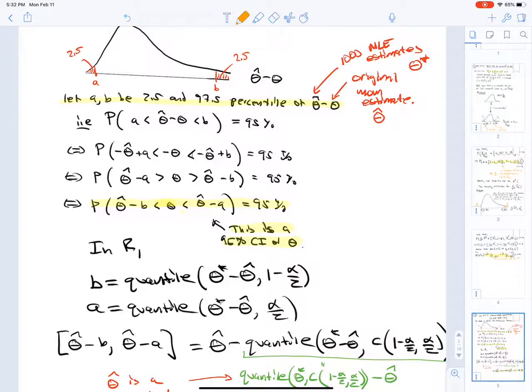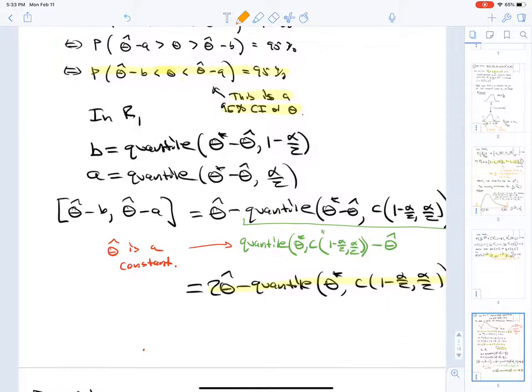So the formula that we derived before, I believe in lecture 5, is the formula for the 95% CI of theta. And notice that B, which is the 97.5th percentile, comes first. So it's theta hat minus B, then theta hat minus A. In R, you can find the 97.5% quantile using the quantile command.